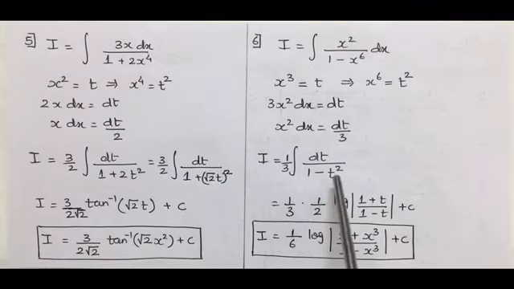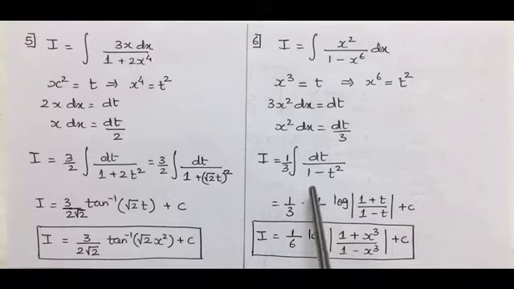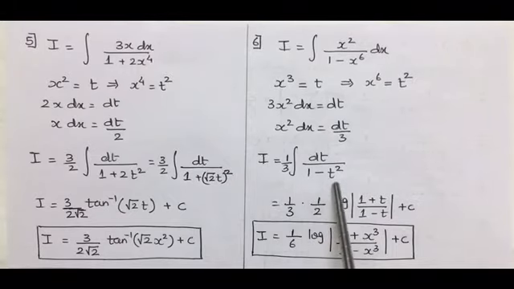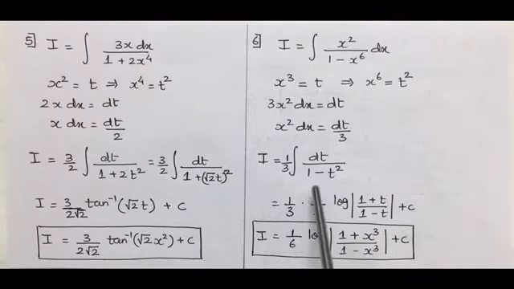Now comparing this integration with the standard integration, we have got here a square minus x square. Now a square minus x square over here is 1 upon 2a. Now the value of a is 1, so only 2 remains. Log of a plus x upon a minus x.